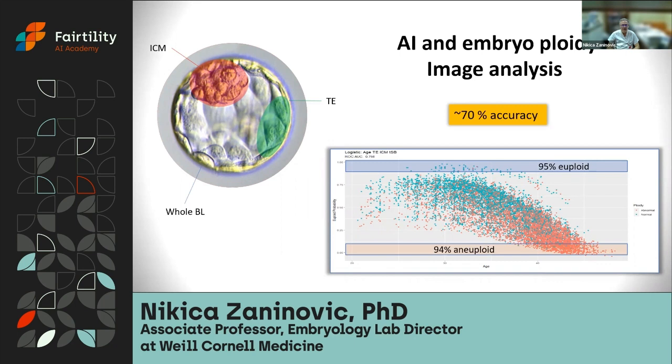I don't think we will use these methods to completely eliminate biopsies, but it's going to give us the option to say this particular embryo or group of embryos has a high chance to be euploid or a high chance to be aneuploid. Then when we counsel the patients, we can agree on which embryos are really worth biopsying and which are not.